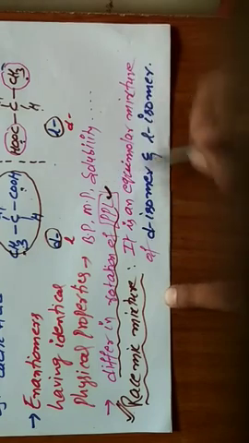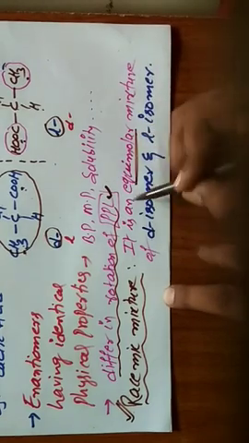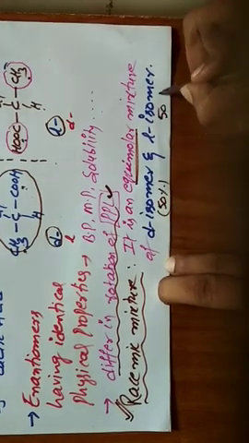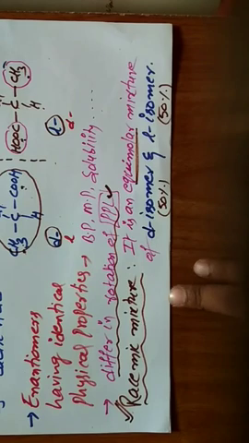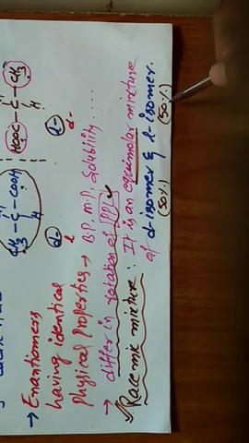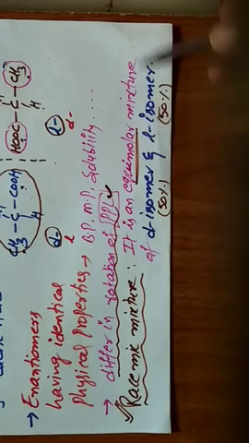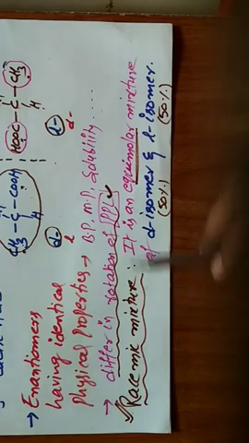According to the definition, equimolar mixture means this is 50% D isomer and this is another 50% L isomer. Then the total mixture is taken as a racemic mixture.